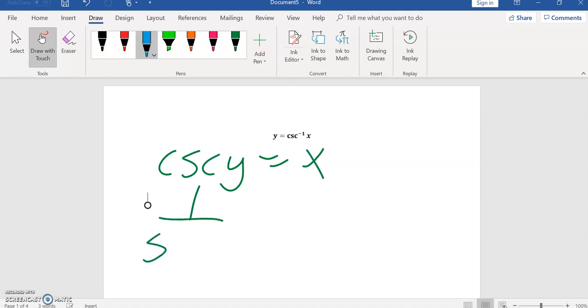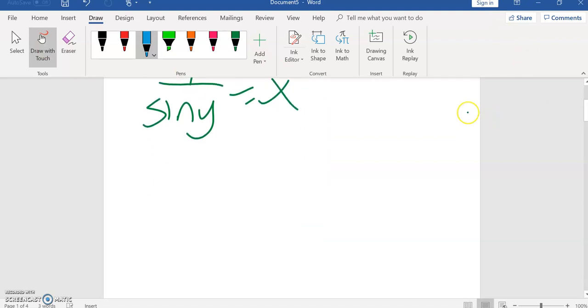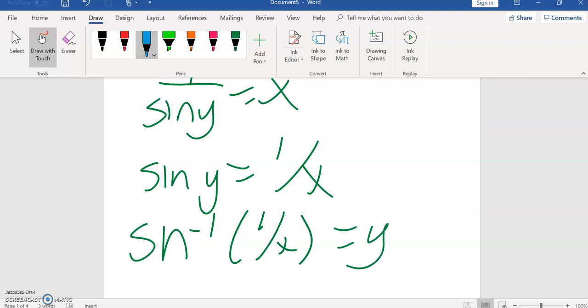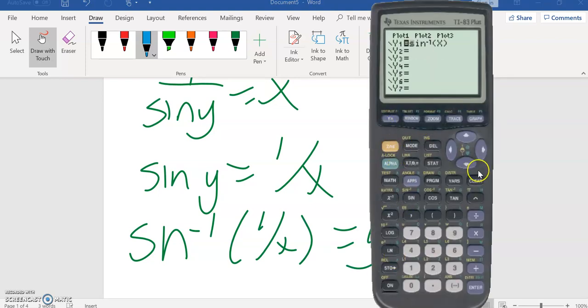So then this is 1 over sine y equals x. So then this is sine y equals 1 over x, and then the arc sine of 1 over x equals y. So we're going to put in the arc cosecant as actually the arc sine of 1 over x.